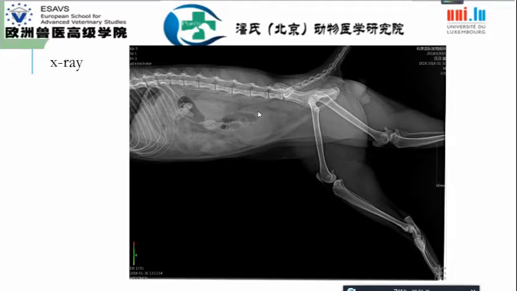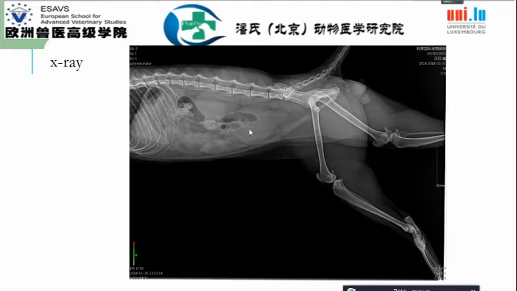For this kind of situation, we need to let the owner know that for an animal with urinary bladder disorder, and especially if it causes the urinary tube to be blocked, the cat has a very high risk of sudden death.